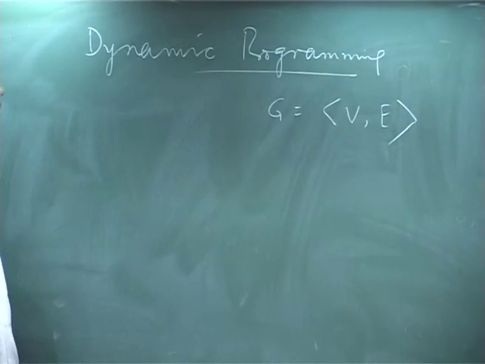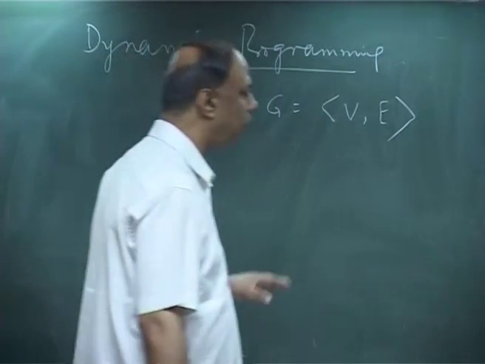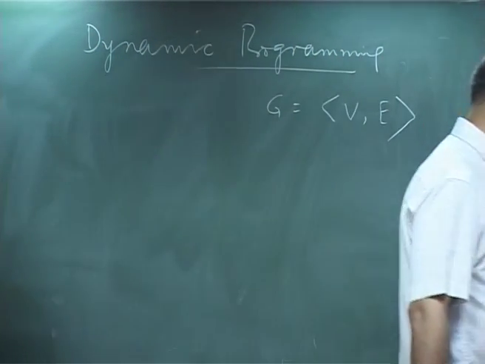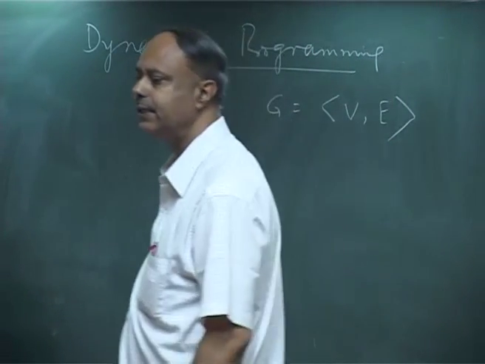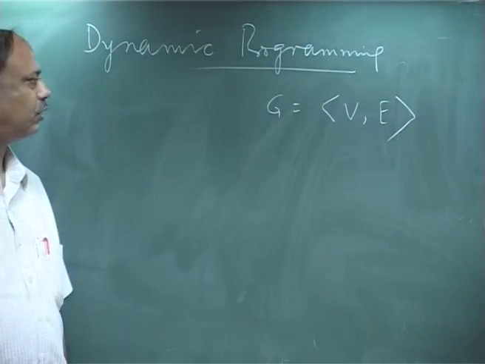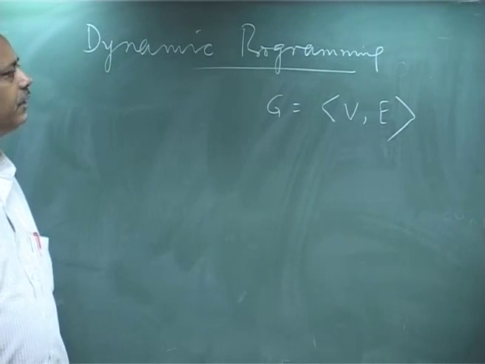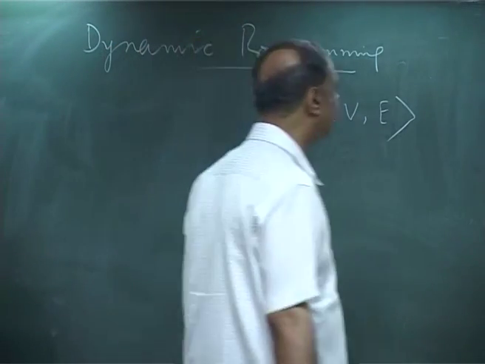What you do, given the cost matrix or weight matrix, is see whether by inclusion of the kth node your cost or path becomes shorter or not. If it is shorter, you consider it. The strategy is very simple.